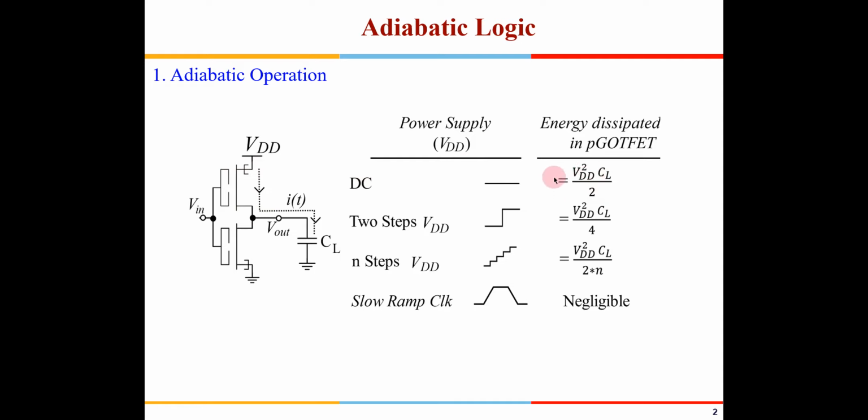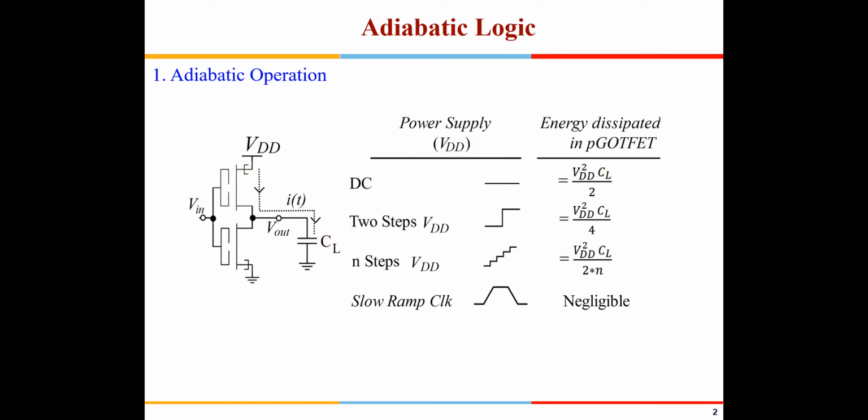If you multiply it with frequency, you will get the power. So this is the energy which gets dissipated as heat in the PMOS, and VDD square CL by 2 is the energy which gets stored in this capacitor, right?